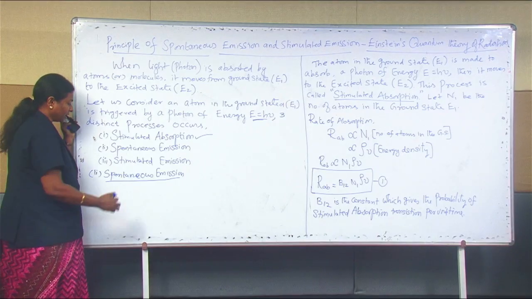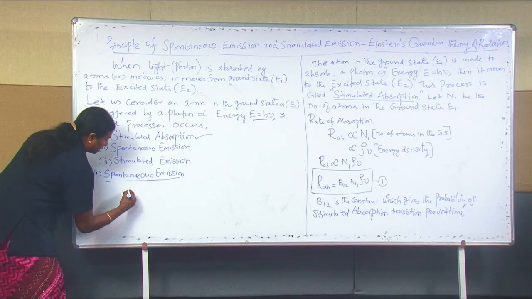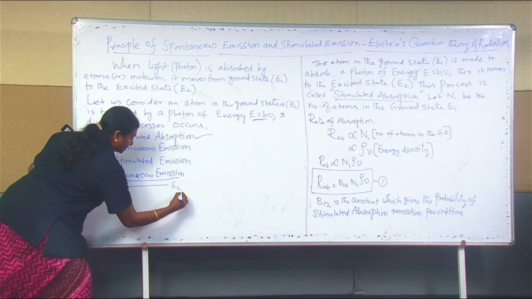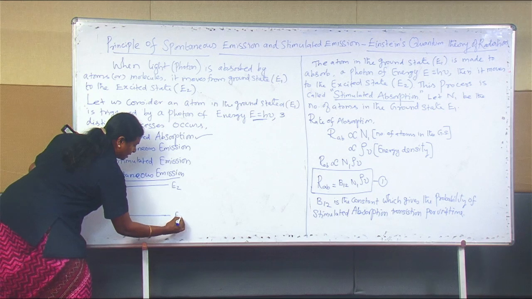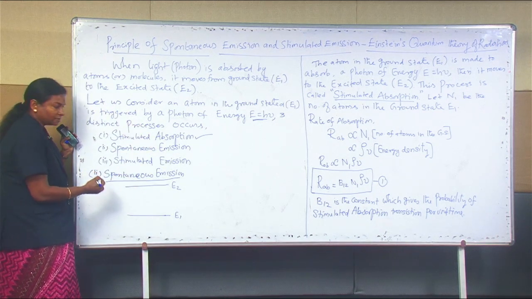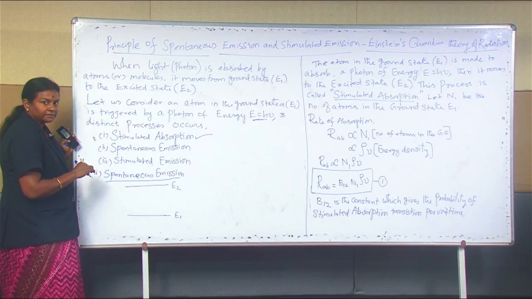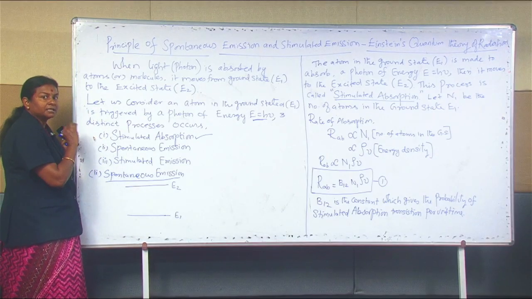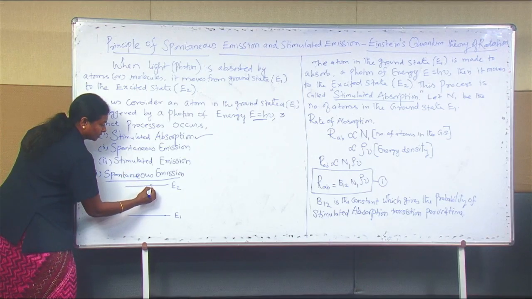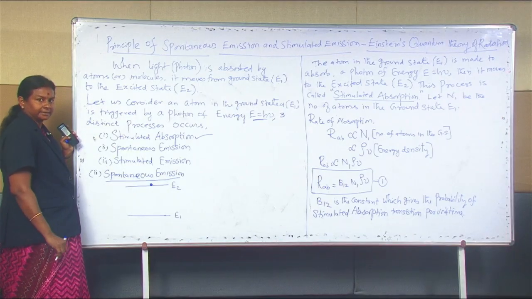Okay. So, for that, just again we need to consider two energy states, E1 and E2. Now, can anyone tell me where is the atom now? Because already we have given the energy, it will stay in the excited state. Clear? So, now we have to target on the atom which is in the excited state. Clear?